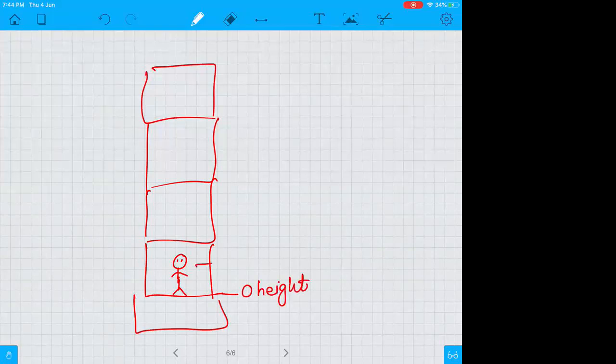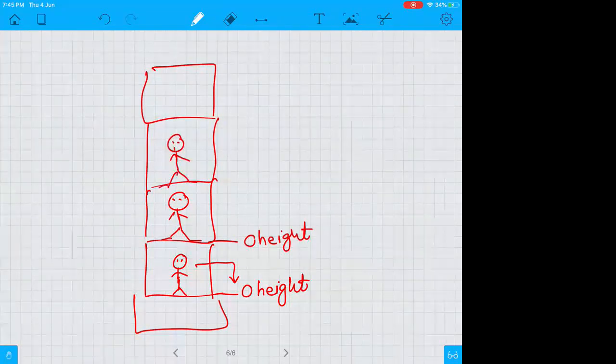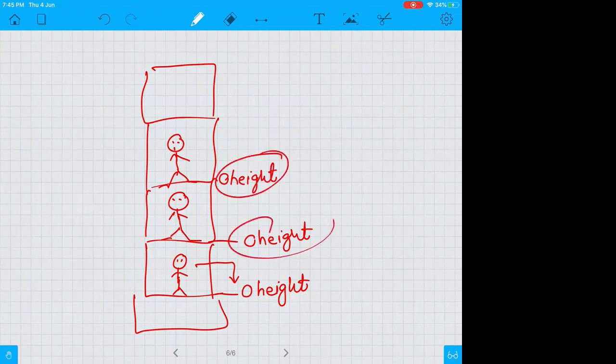This 0 height is with respect to this person. If we take another person which is at this floor, for him, this would be 0. Now, all these zeros are relative, and the heights which we are measuring are relative, and relative values are with respect to our reference.